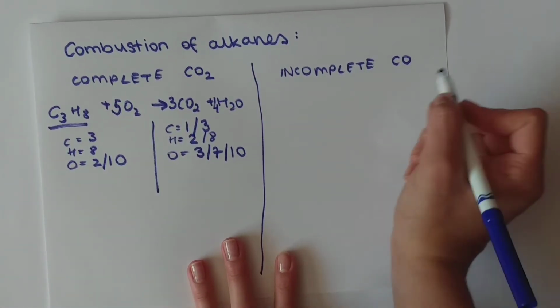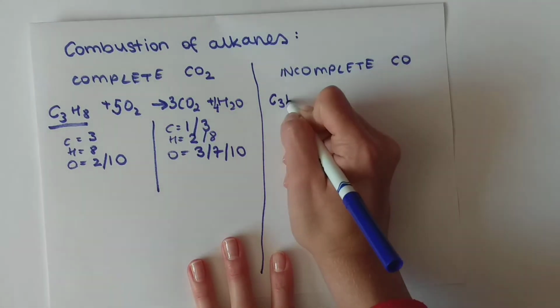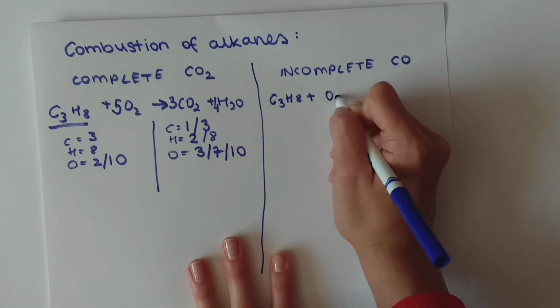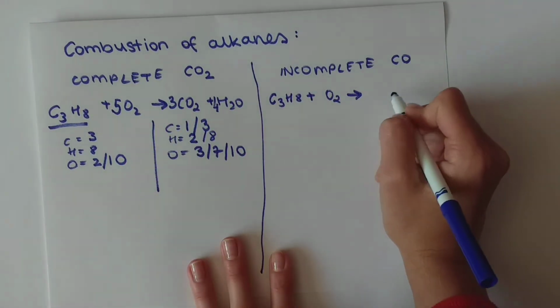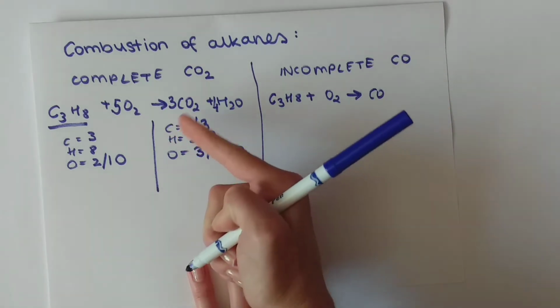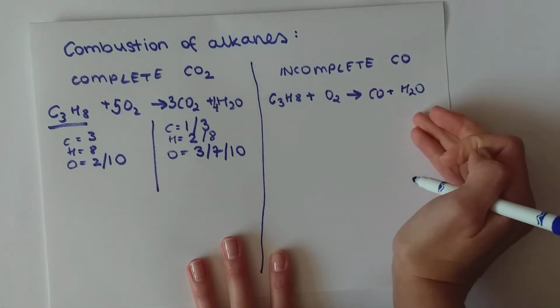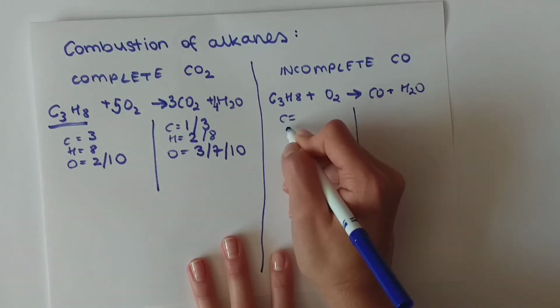Next, we have an incomplete combustion. We'll use the same alkane, propane. We add the oxygen, exactly like in this one. However, our products are going to be carbon monoxide instead of carbon dioxide, plus water. Water stays the same. Again, we need to balance it.